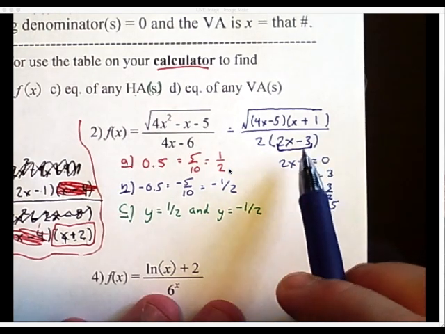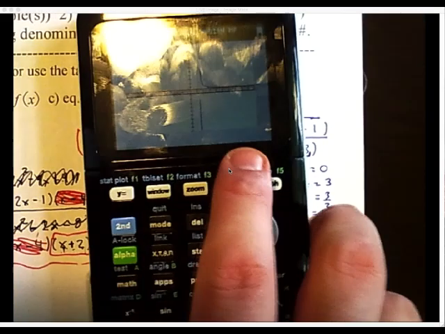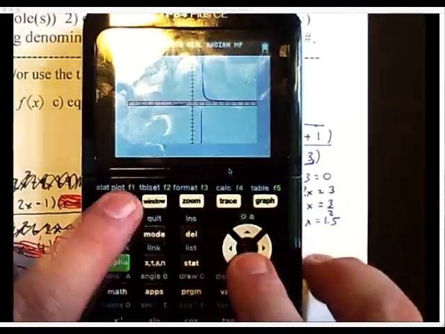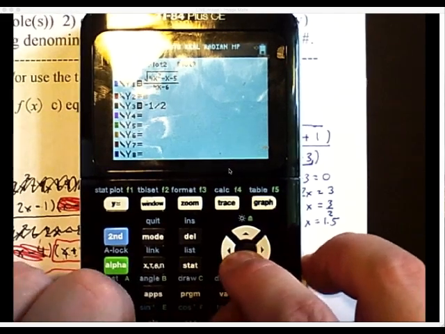Okay? So that actually lets us figure out, let's make sure, if I go to my graph here, let me go ahead and get rid of these horizontal asymptotes.